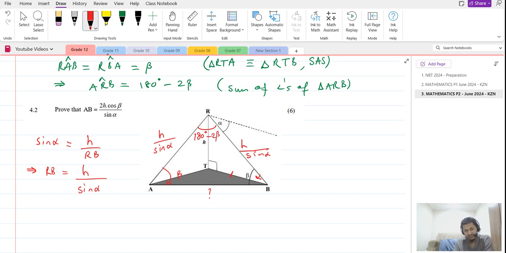So we can use the sine rule. We don't even need this side, because we've got 3 angles and a side.